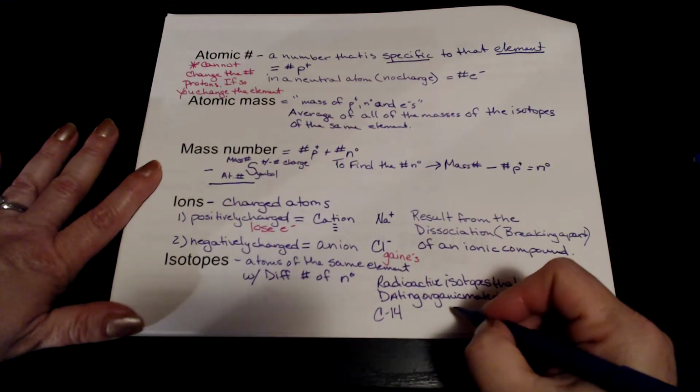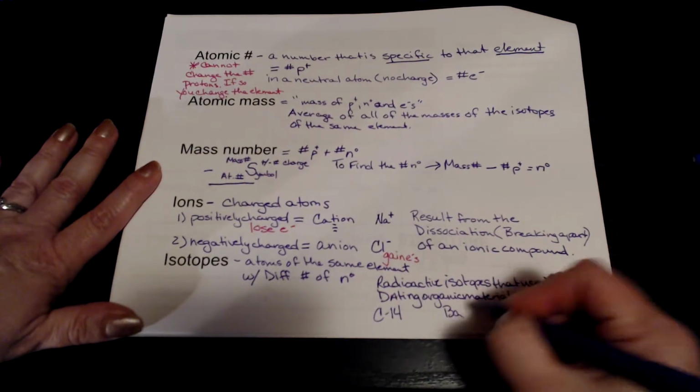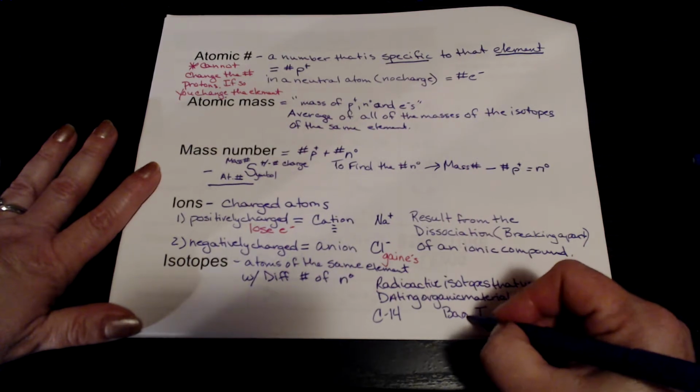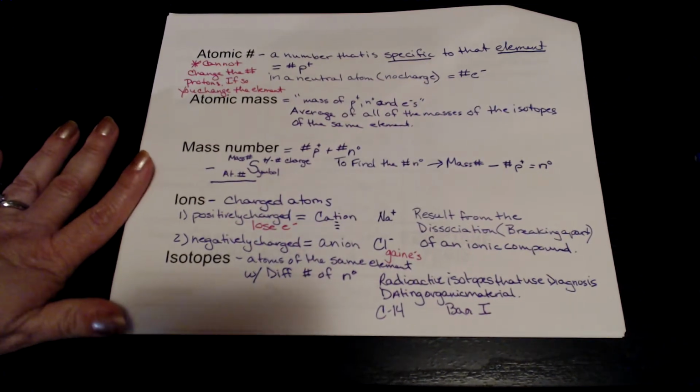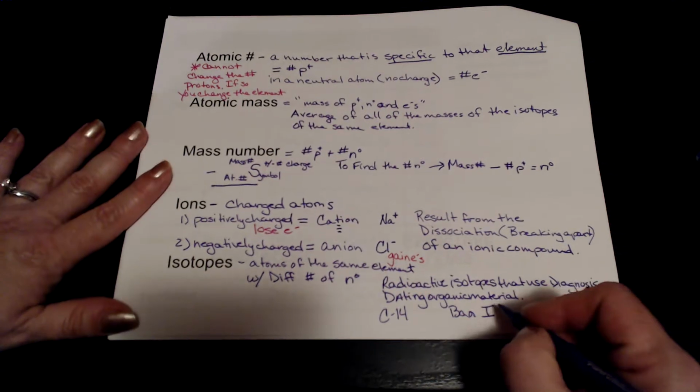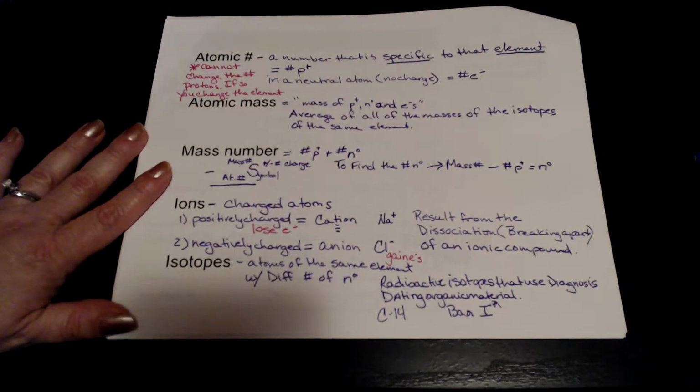Other ones you may be less familiar with, things like barium or iodine. If you've had MRIs or CAT scans and they tell you that you have to have it with contrast, if they require a contrast dye, then it's probably iodine that they're putting in you.